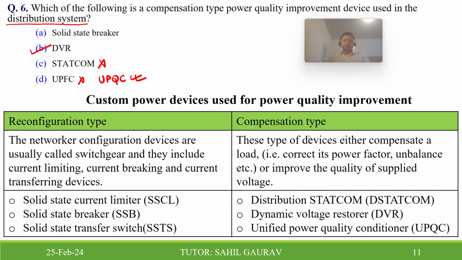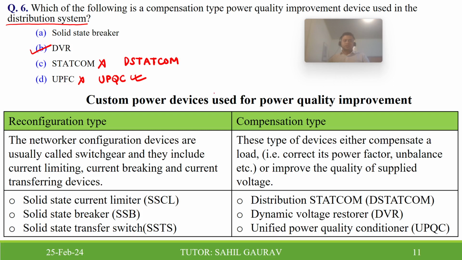Examples of this compensation type power quality improvement custom power devices are DStatCom, distribution STATCOM, dynamic voltage restorer, and unified power quality conditioner. So here if the option is given as DStatCom, then it may be correct, but they have provided STATCOM, which is used in the transmission system, while DStatCom is used in the distribution system.